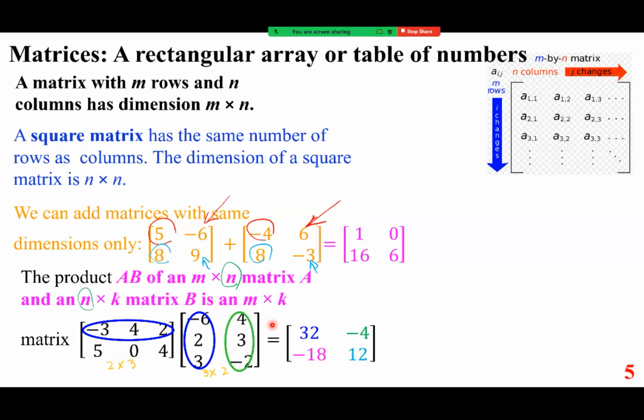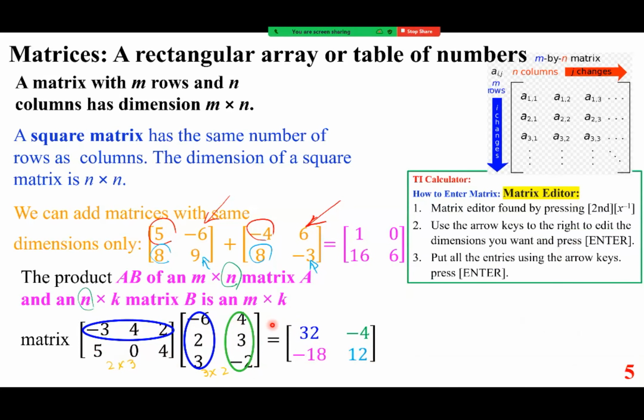Now, therefore, we can use a calculator if need be for something which is complicated and solve. For example, how do we enter a matrix? We go with the matrix editor and we use the arrow key and we put the dimension and we put all the entries.